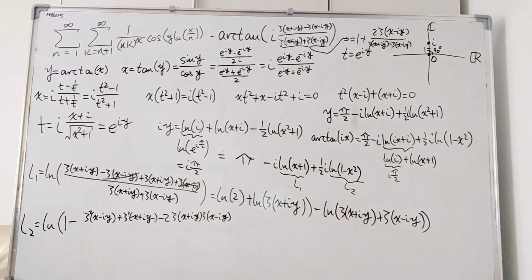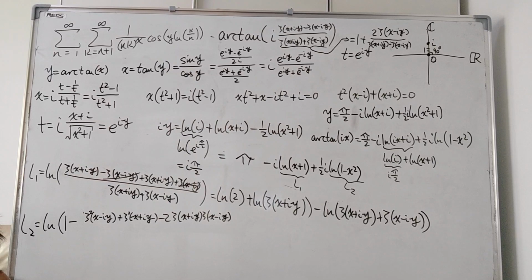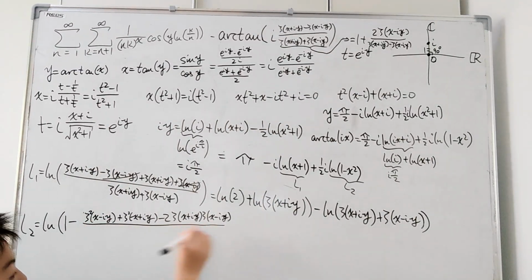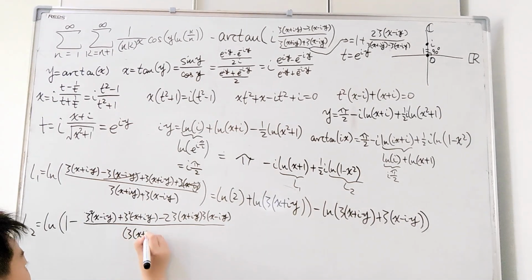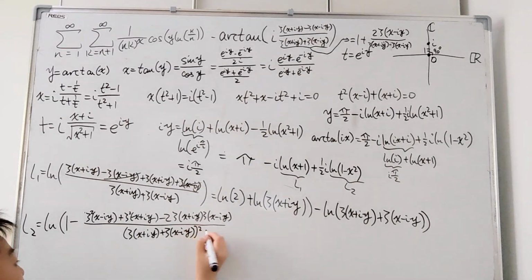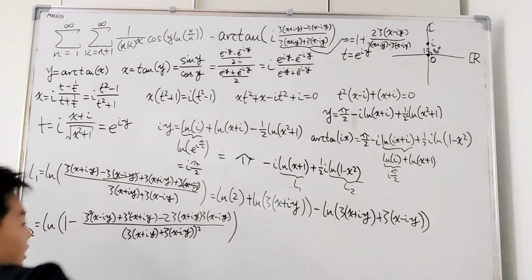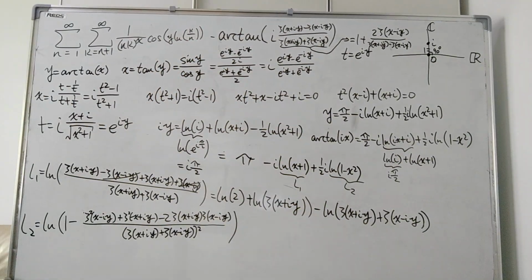Okay, that's the first part. Over, and for the bottom, I think we're just going to keep it like that. So we're going to use zeta of x plus iy plus zeta of x minus iy, squared.